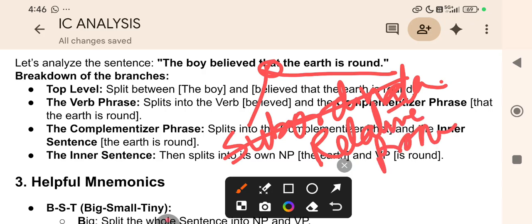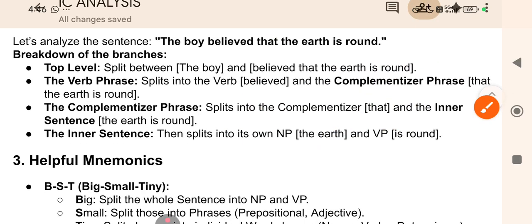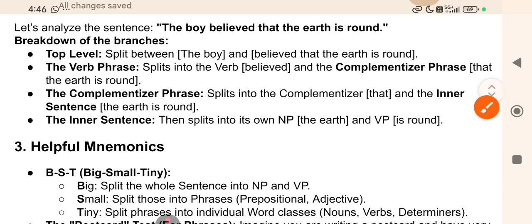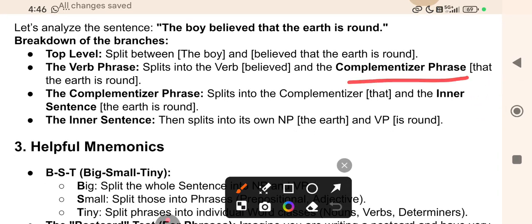This sentence is attached with a relative pronoun. So from here, that the earth is round, we have to split the sentence, that is the extra part or additional part, which is called the complementizer phrase, right? From that to here. Okay.